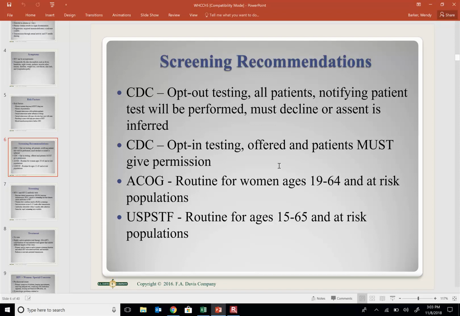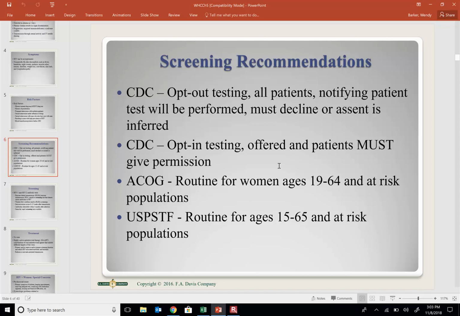Opt-in testing is that we offer the test to the patients and they must give us permission. So opt-in is they must give us permission to do it. Opt-out is they must tell us not to do it. Otherwise, with opt-out testing, we're going to do it. Okay?